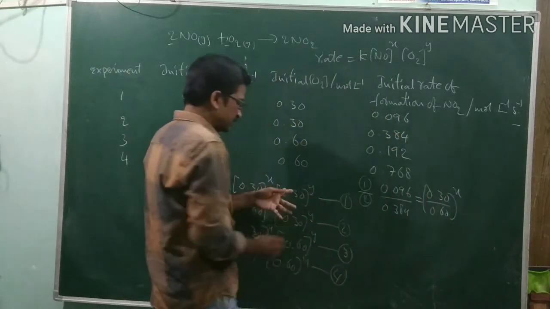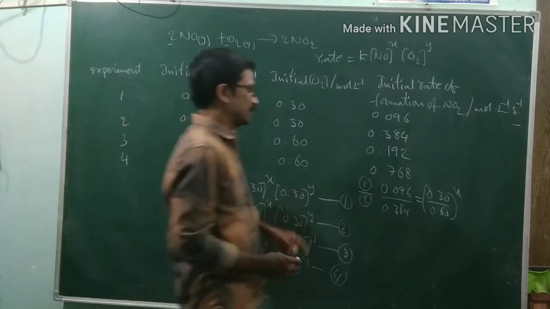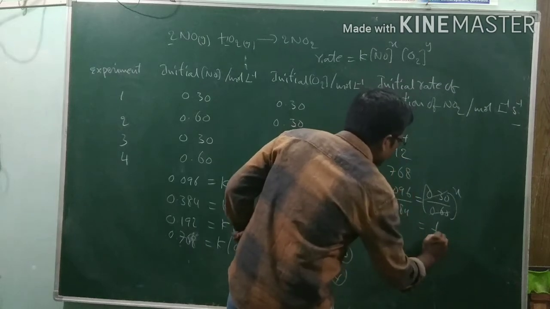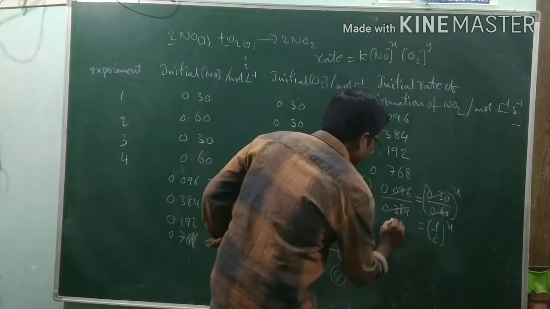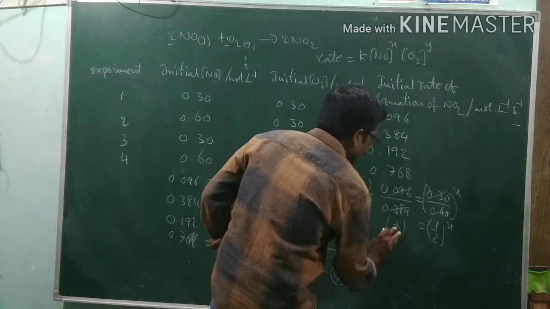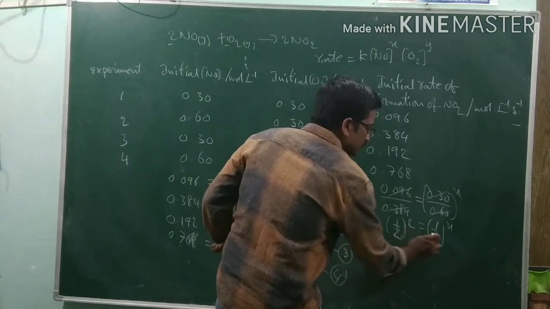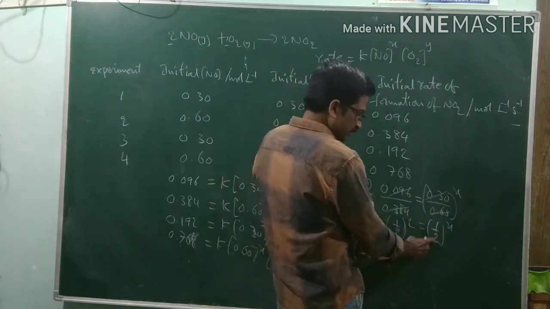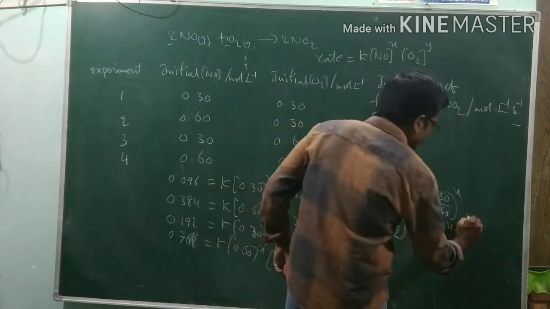Then these terms cancel each other. Then you may find this is 1 by 2 to the power of x, and this one is 1 by 4, which means you may write it as 1 by 2 squared. So these two are the same values. Then the x value is equal to 2.